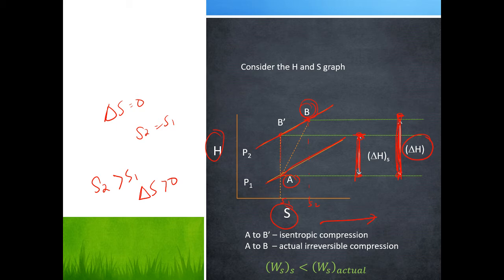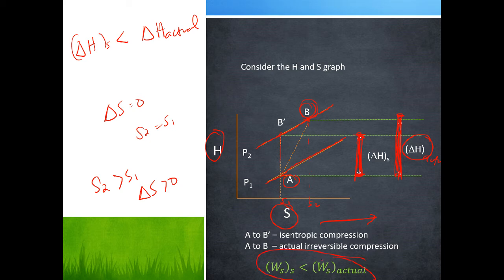It's a shorter length. Diba? Shorter length than this one. Therefore, yung delta H sub S is less than yung delta H ng actual. Anong masasabi nyo? Opposite siya pag sa turbines, diba? Sa turbines, the delta HS is greater than the delta H actual. Okay, so this is yung actual. This one is the actual. So, opposite siya.